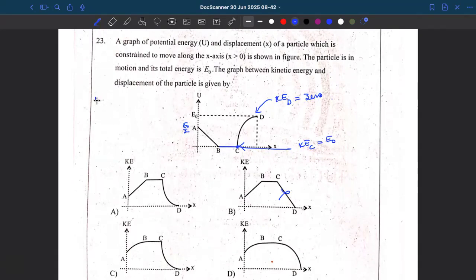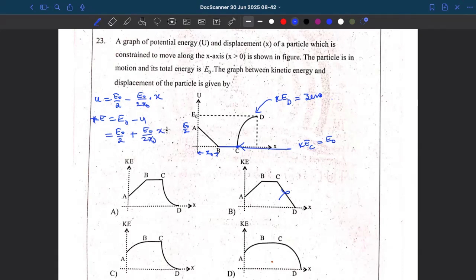So potential energy is E naught by 2 minus, say this is some x naught, I'm just giving you some idea, E naught by 2x naught times x, that is U. So kinetic energy is nothing but E naught minus U. So this will become E naught by 2 plus E naught by 2x naught times x.